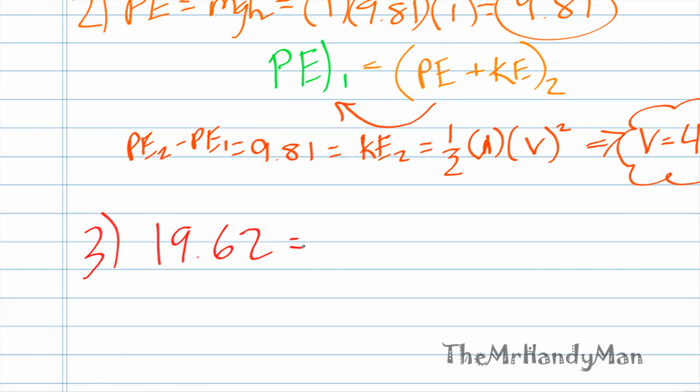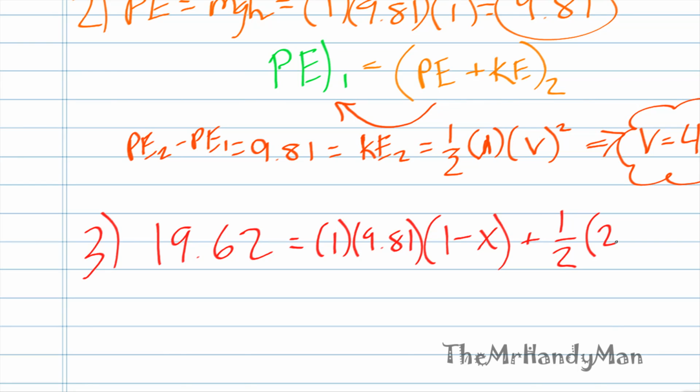So potential energy is going to be mgh, or 1, 9.81, and h, which is going to be 1 minus x, plus 1/2, and then k, which we didn't assign a k, so I'm just going to say 2 kilonewtons per meter, which will be nice. That'll round things nicely off. If k is equal to 2 kilonewtons a meter, then this will equal 2,000, just to bring the units back out, x squared.